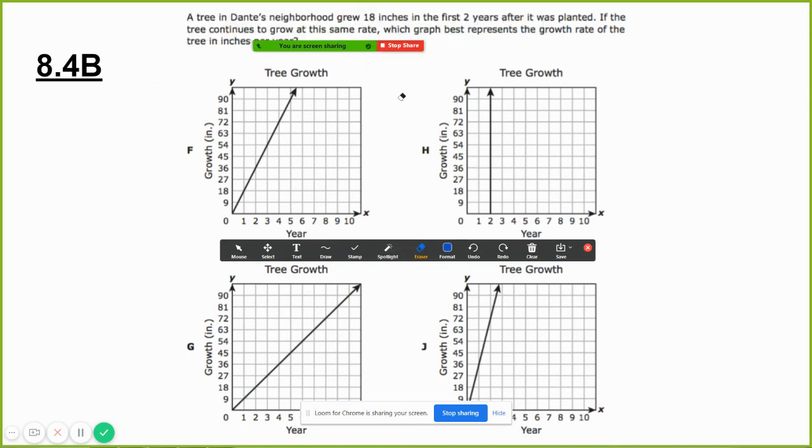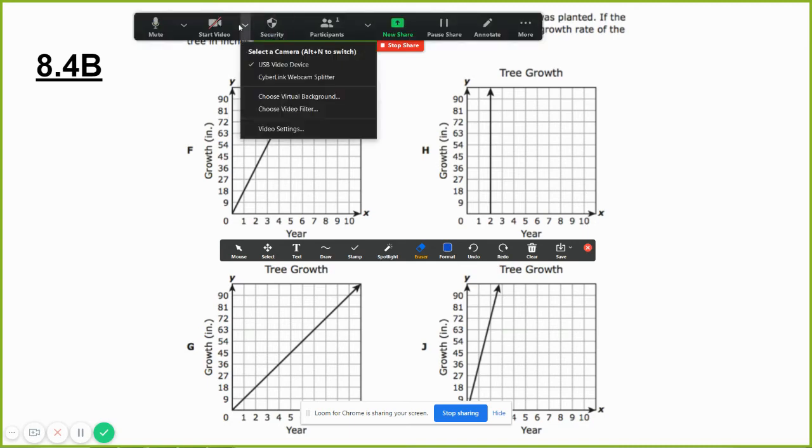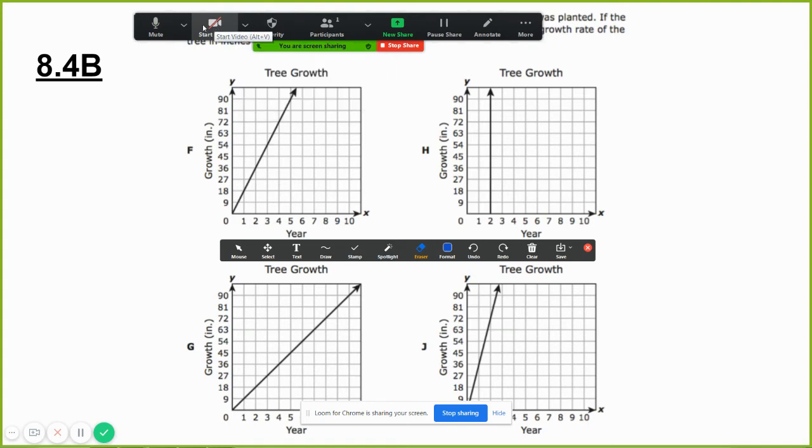So let's see. A tree in the neighborhood grew 18 inches in the first 2 years after it was planted. If the tree continues to grow at this same rate, which graph best represents the growth rate of the tree in inches? Well, we know we can take this one off.